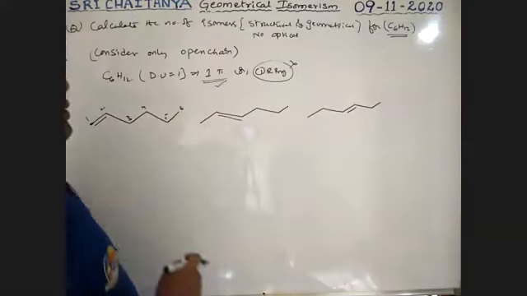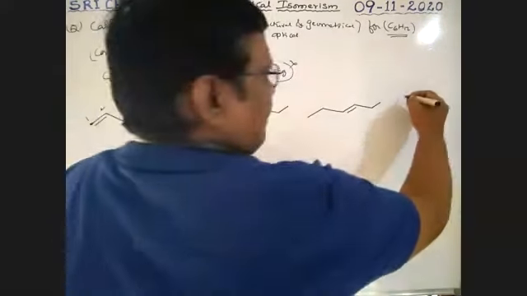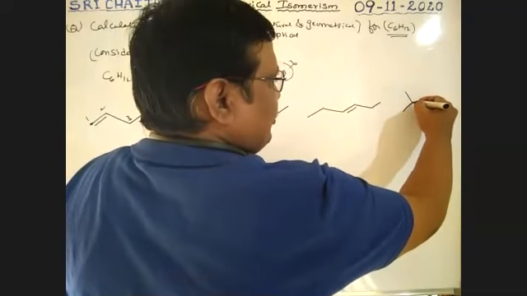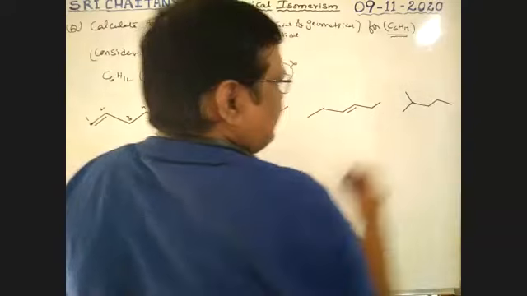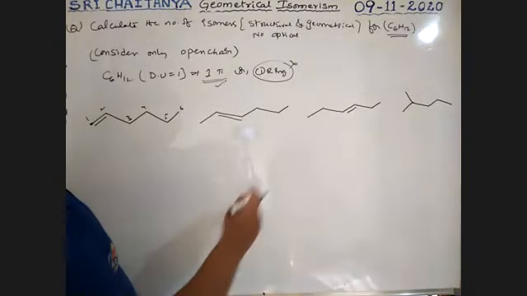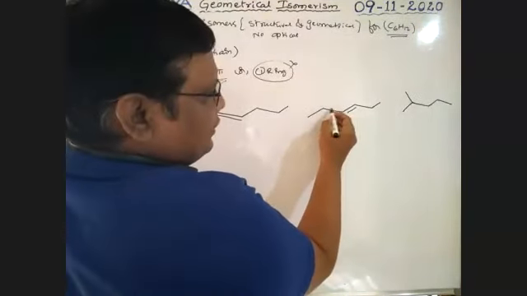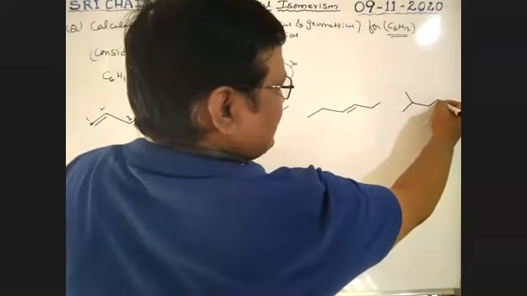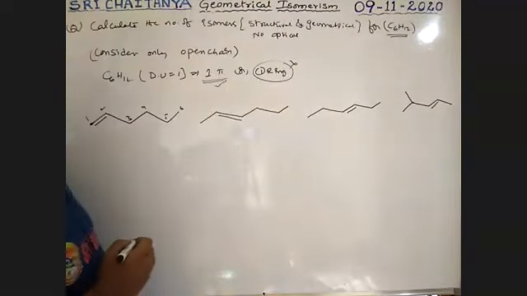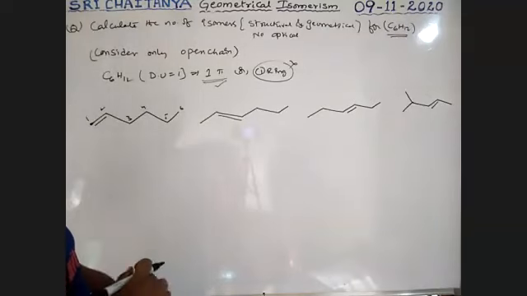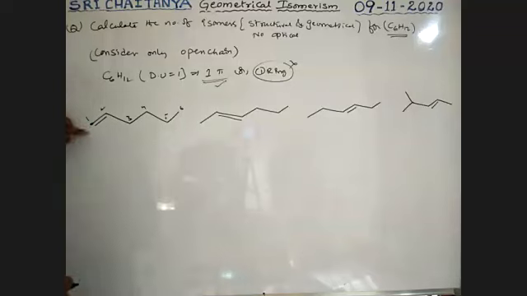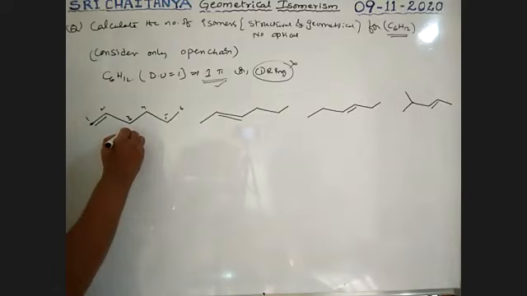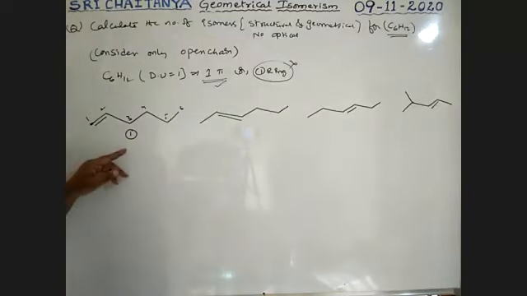Next, I'm drawing like this. I'm using an iso group, boys: 1, 2, 3, 4, 5, 6, with these 3 carbons. See here, the carbon is attached to 2 hydrogens, which means no cis, no trans is possible, so only 1 compound for this one.